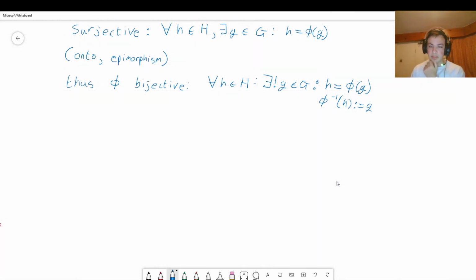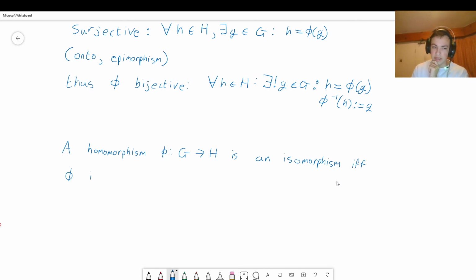Okay, and so a homomorphism phi from G to H is an isomorphism if and only if phi is invertible, or phi is bijective.